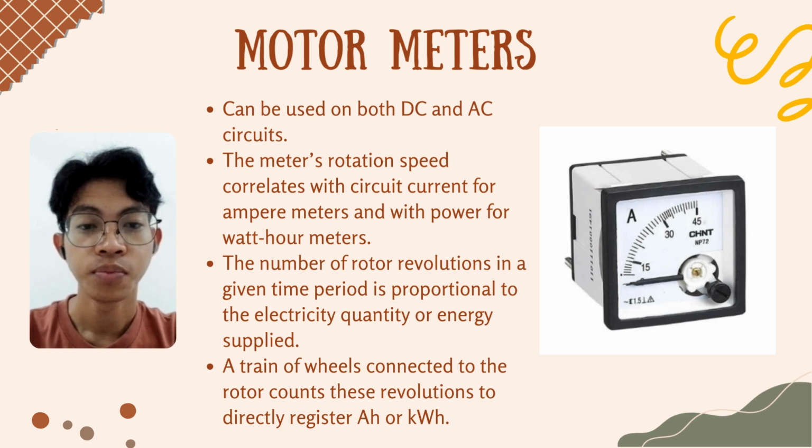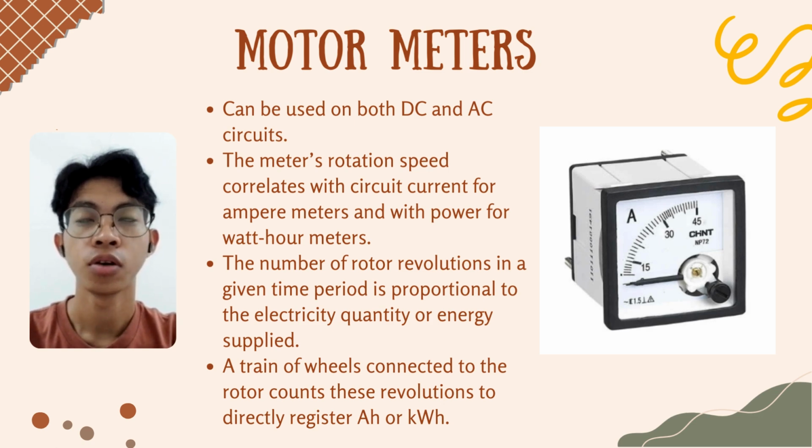The fundamental principle is that the number of the rotor revolution over a given period is proportional to the quantity of electricity or energy supply. This rotation is mechanically translated through a train of wheels connected to the rotor, and this allows for a direct and accurate registration of ampere hour or kilowatt hour.